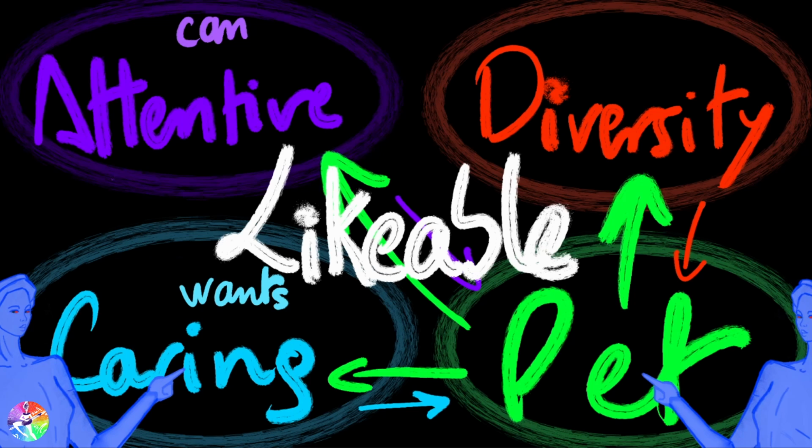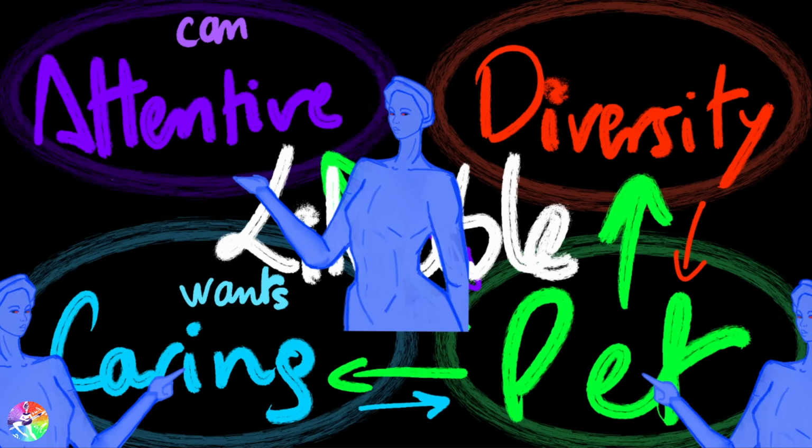It also makes her attentive. She can focus enough to allow another living being to be happy. She can focus enough on this other living being, on this other living creature. So here, attentive and caring are complementary, but they should not be confounded. One represents the ability to do something, the other represents the want, the wish to do something.